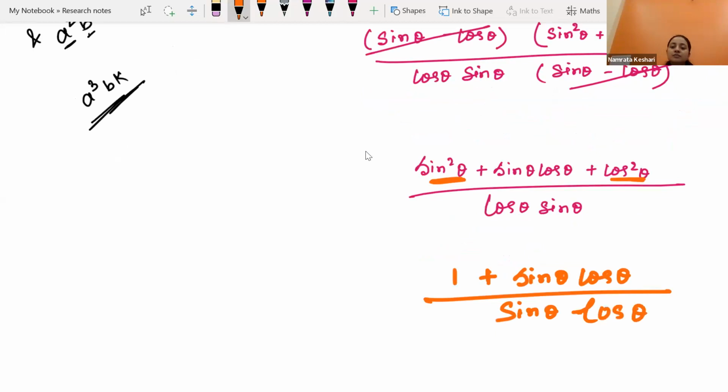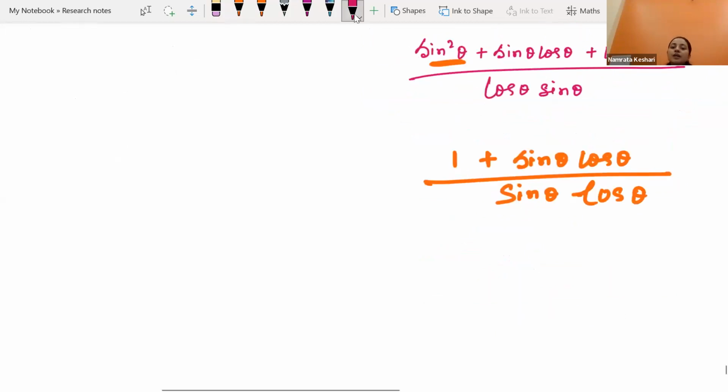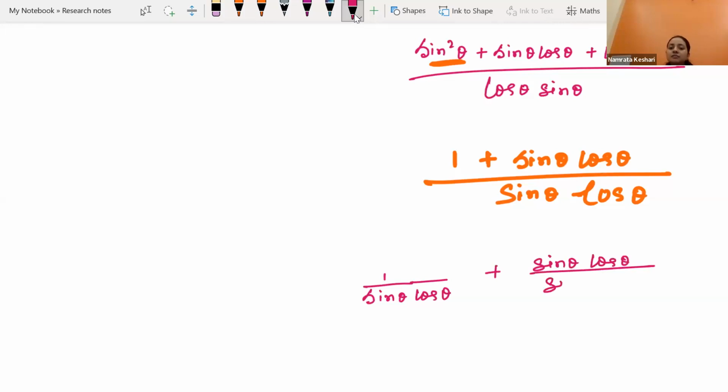Now check it. We are done with the proof. We can write 1 by sine theta cos theta plus sine theta cos theta by sine theta cos theta, which is just 1.